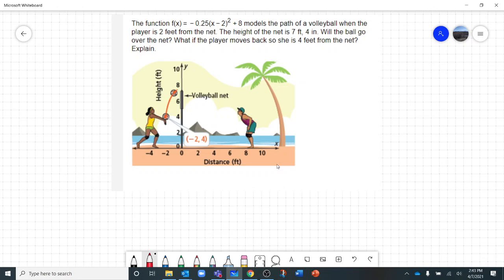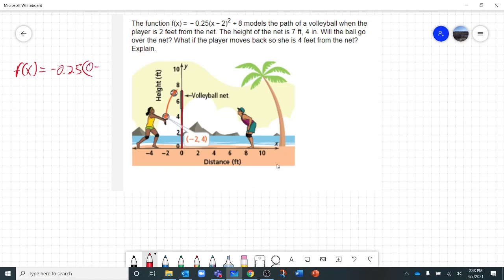Okay, so the first case, we have the function f of x equals negative 0.25 times (x minus 2) squared plus 8, and we want to know, when x is 0, which is where the net is, what is this all going to equal?